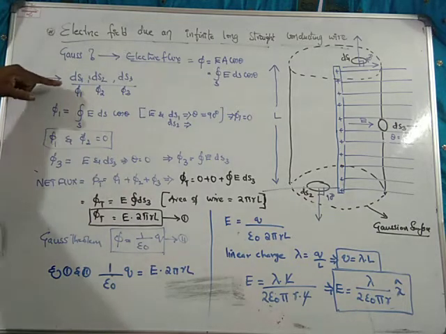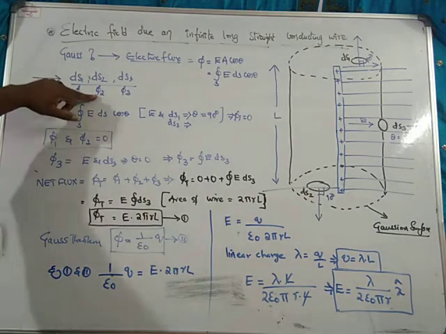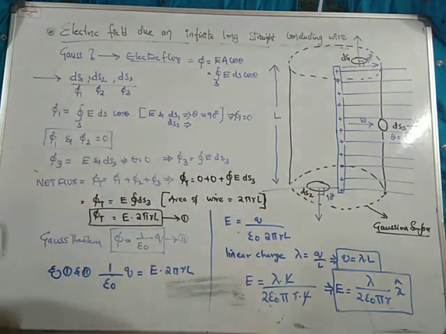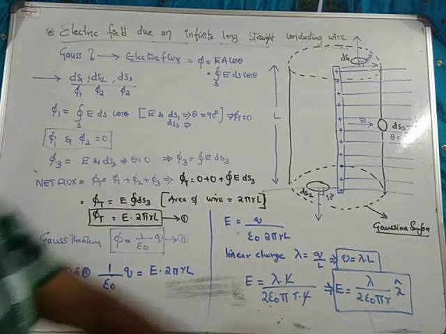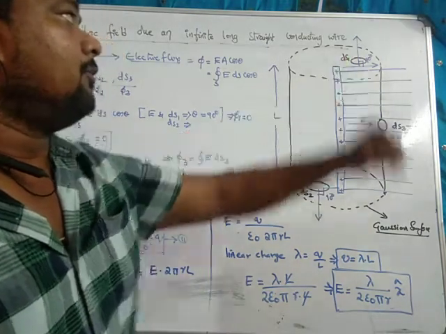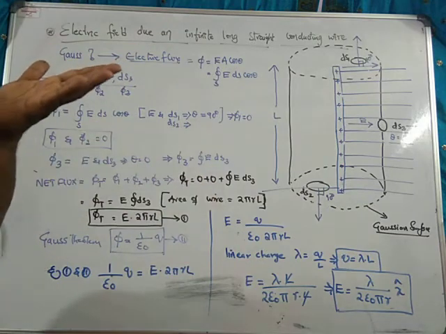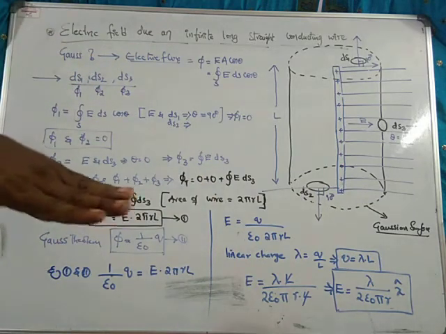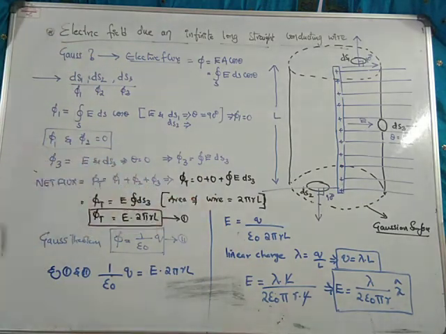Whenever we have a positive charge, it radiates the field lines uniformly. For these we get flux 1, flux 2 and flux 3. If you consider flux 1, the area vector is upward and the field lines are perpendicular to that surface.